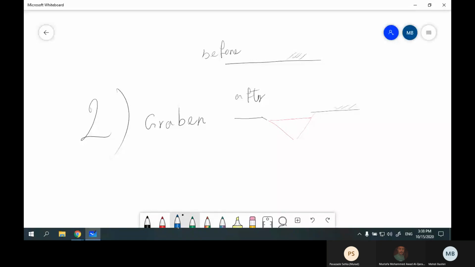We have failure surfaces here, and the reason for this failure is earthquake.